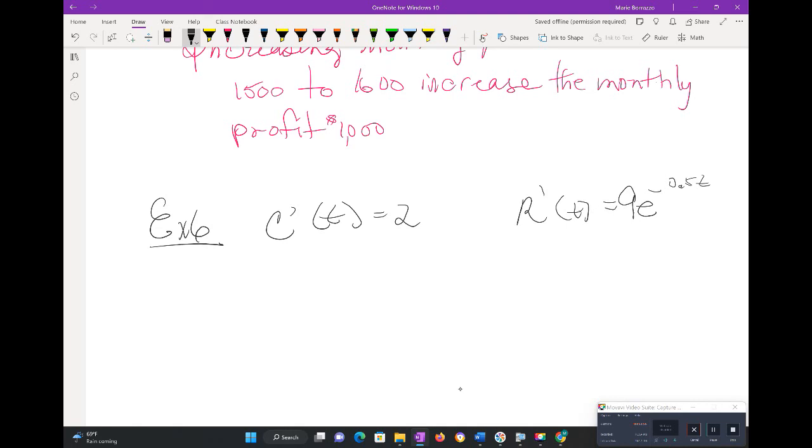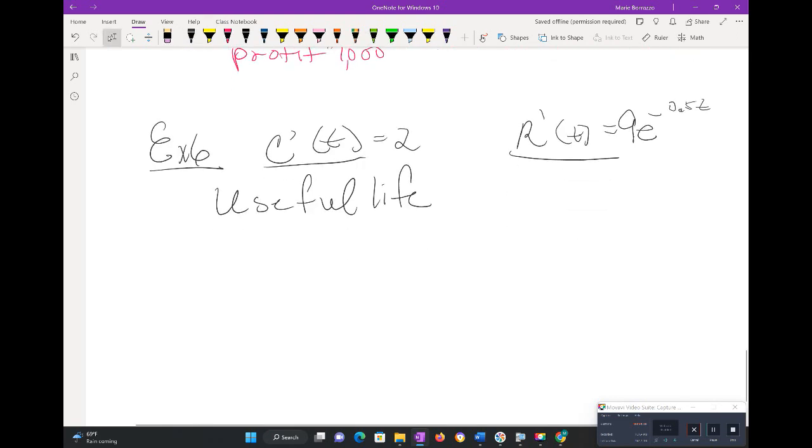The value of t for which C prime of t equals R prime of t is called the useful life. Useful life. So again, that's relating to the C of t and the R of t. It says find the useful life of the game to the nearest dollar.